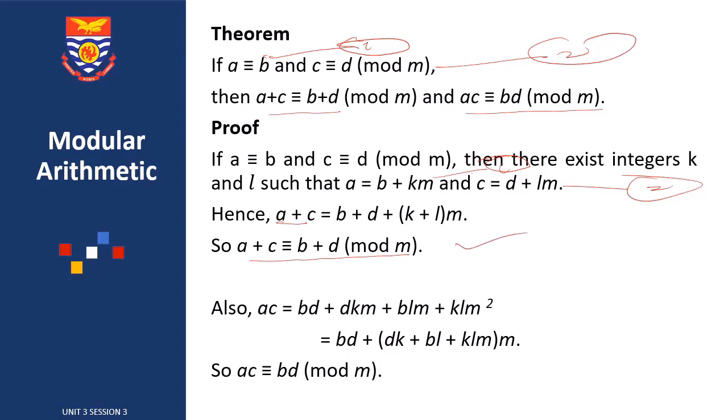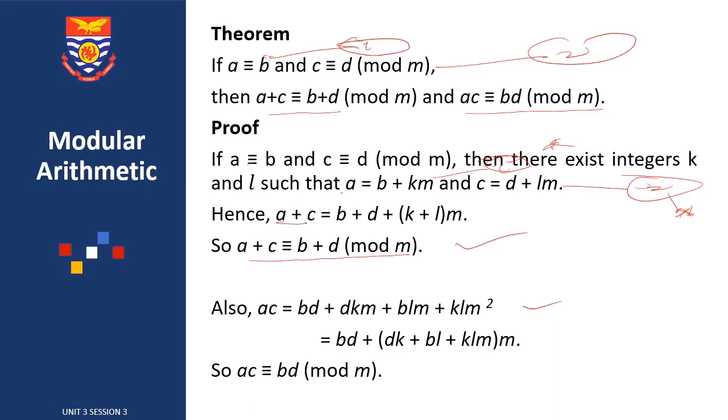Secondly, when you multiply equation 1 by equation 2, we get ac = bd + dkm + the other terms.